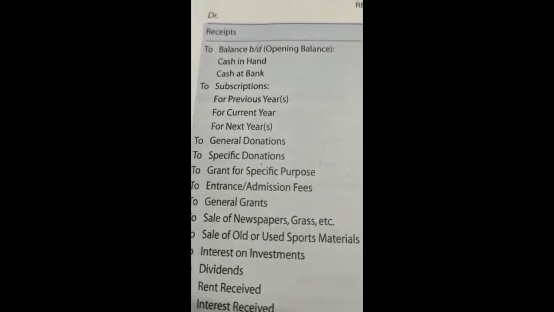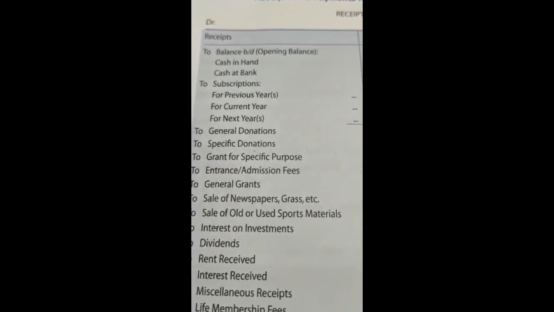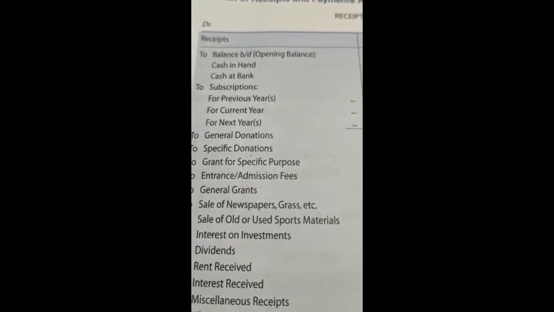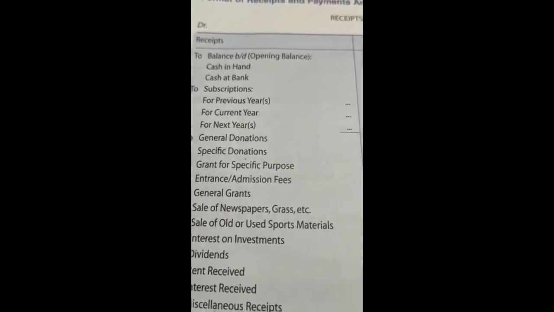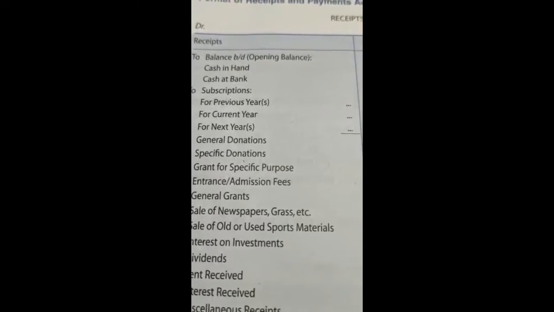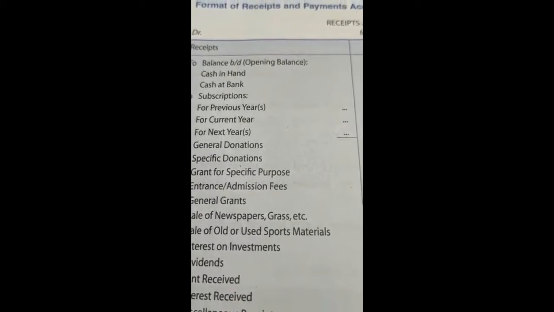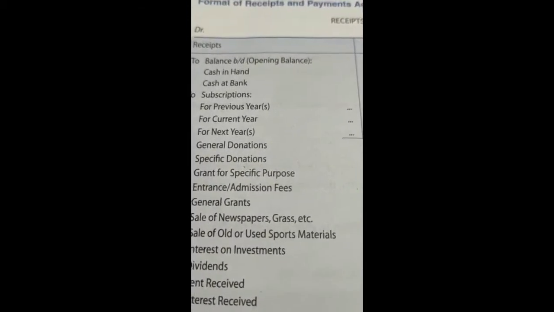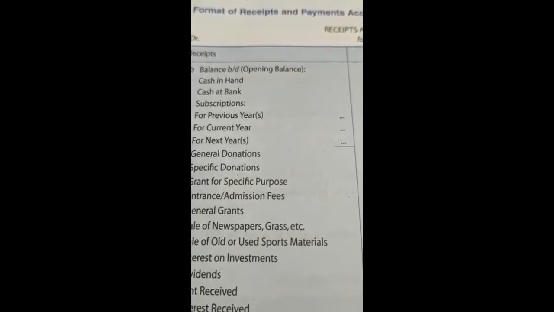Now what is for previous year? For previous year means, if last year someone has not paid and their membership fees or subscription was outstanding at the end of last year, they will pay this year. So now they are paying in this current year, but it is for the previous year.